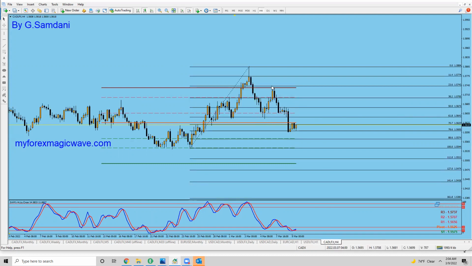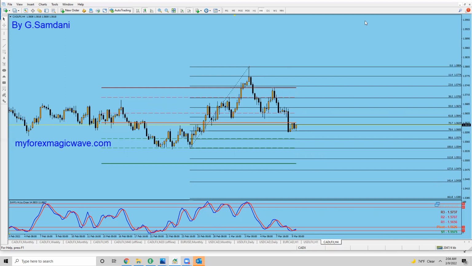Then we went up to 23%, came down to 78%. Now, this is a 4 hour chart. So the last few hours, last few candles, we were messing around there. And currently, we are posting a bullish candle. So the idea is that this thing can go to the upside because this is a bullish Gartley pattern.